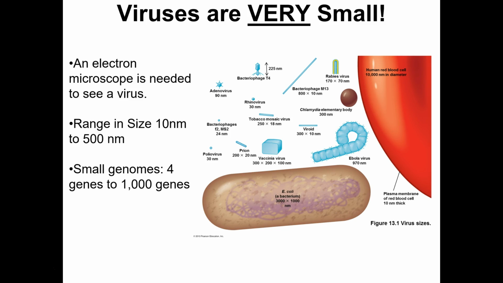But for instance, on the tinier end, we got polio. Compare polio at 30 nanometers to this human red blood cell at 10,000 nanometers in diameter. Big difference in size there. Even comparing the T4 bacteriophage to E. coli, that's a severe difference in size.